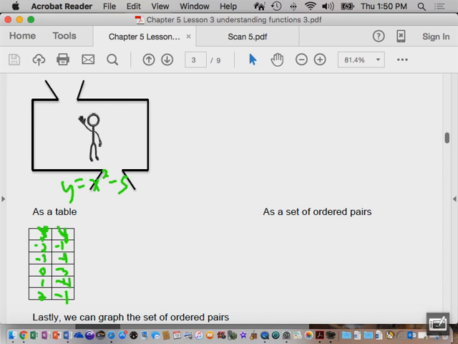-4, -1. And then, let's write that, folks, let's write it as a set of ordered pairs. That's the last thing we're going to do today. Hey, you should not be packing up. You should be writing it as a set of ordered pairs.